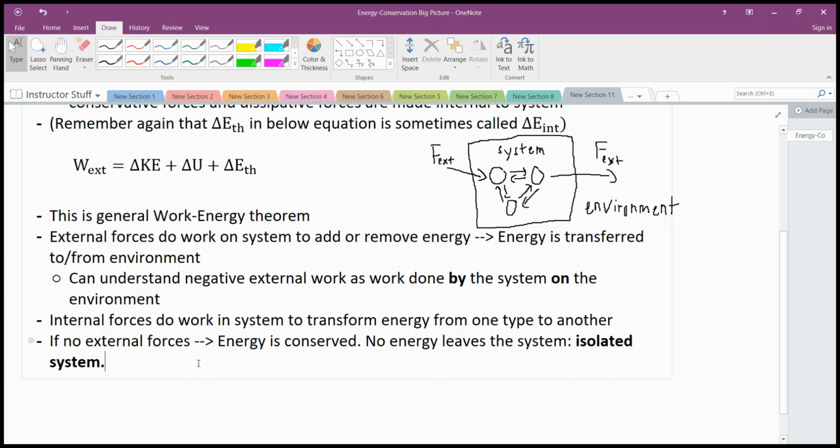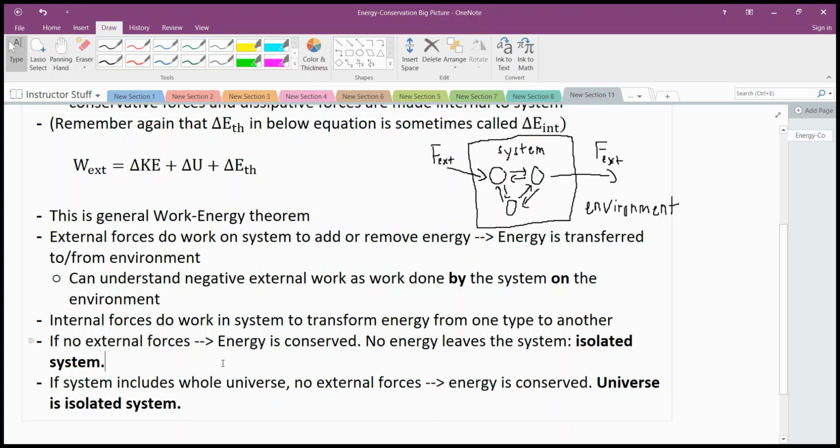If you extend our system to include more objects in it, then there will be more forces inside our system, more transformations of energy. Maybe I extend the system to include the sources of these external forces so that now they become some form of energy inside our system. And then there's no work done by external forces because all the external forces are inside our system. Imagine taking that idea and extending it to the universe.